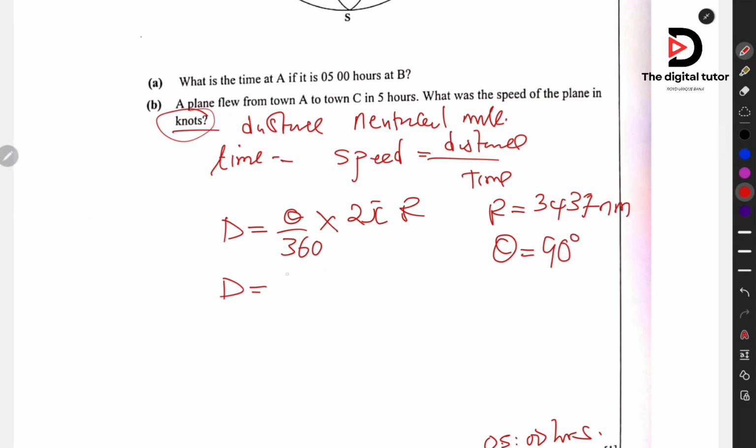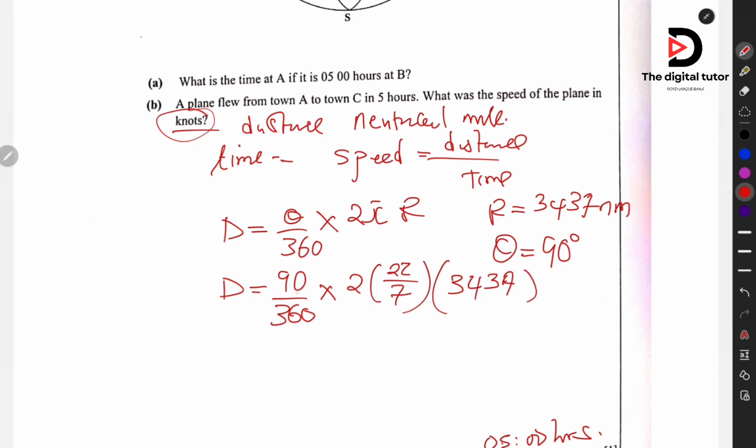So we can replace from here. 90 over 360 multiplied by 2, pi, even if it's not given, is 22 over 7. In paper 1, you normally take 22 over 7 so that you can easily work out the numbers. And of course, the radius that we have is 37.